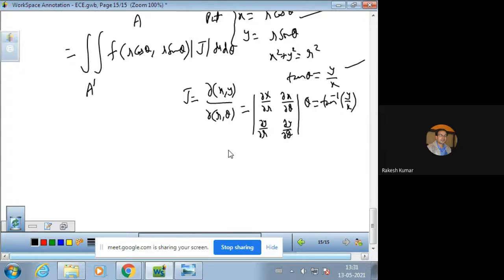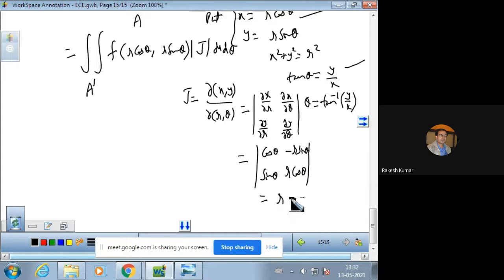Now you substitute the derivatives. So derivative of x with respect to r, you will have cos theta, derivative of x with respect to theta, derivative of cos is minus r sin theta, derivative of y with respect to r is sin theta, and this is r cos theta.